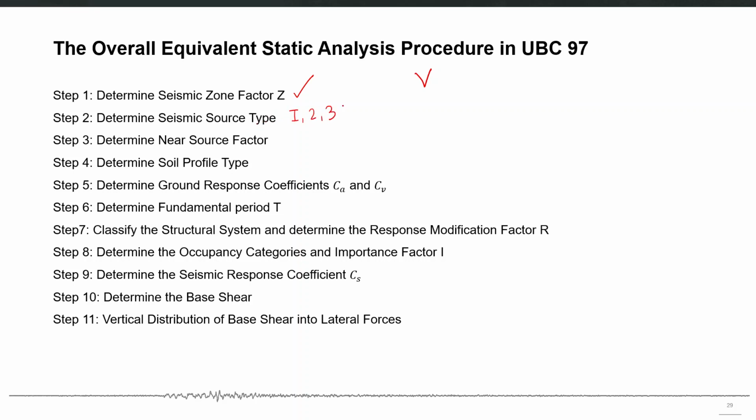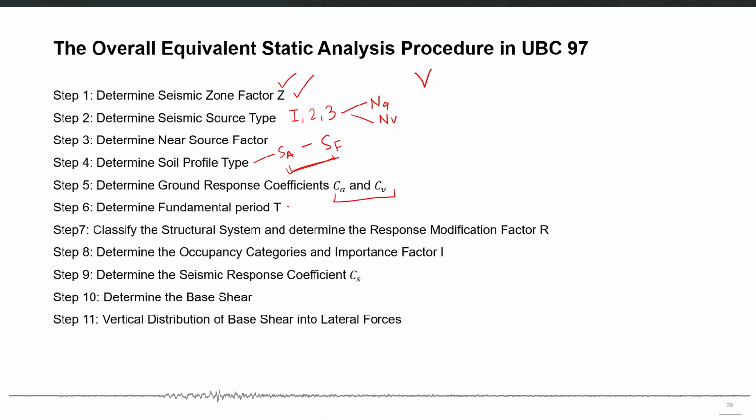Basically this seismic source type will be used to calculate the near source factors NA and NV from tables. Then you should also determine your soil type from SA up to SF, and then using the soil type and the seismic zone factor, you pick the ground response coefficients CA and CV.